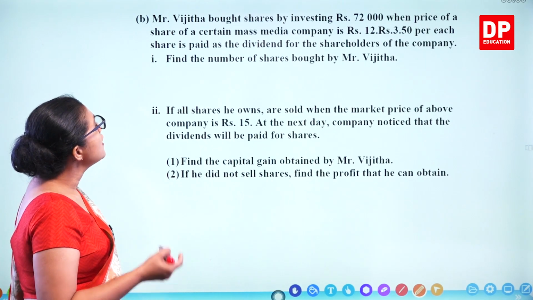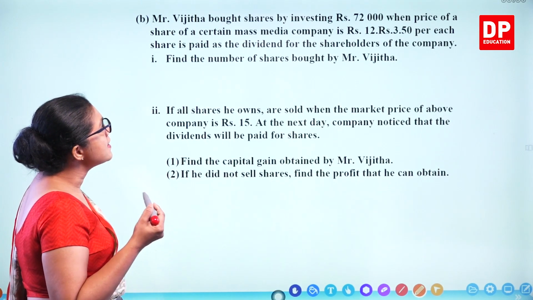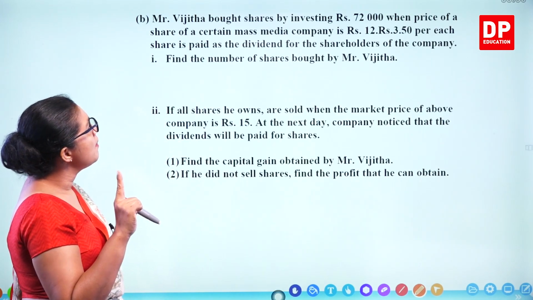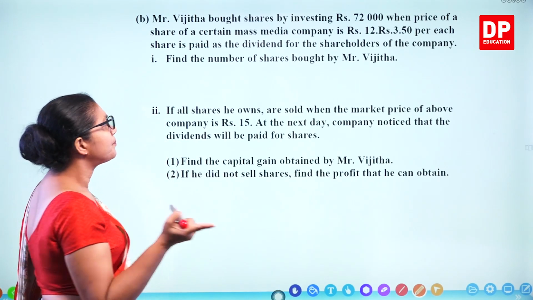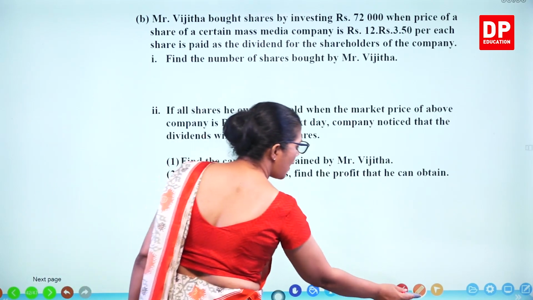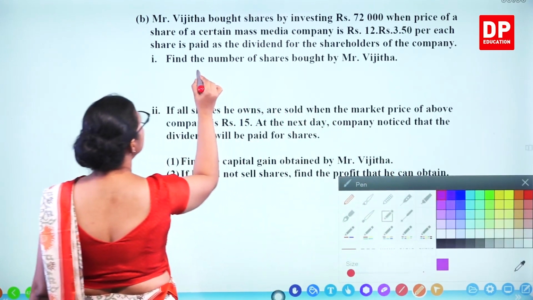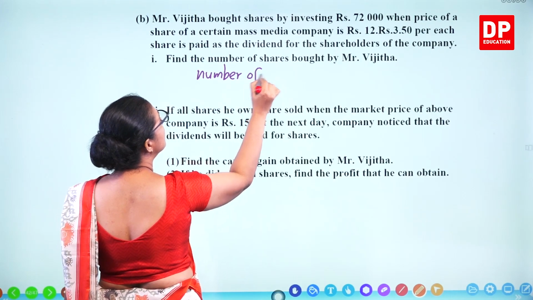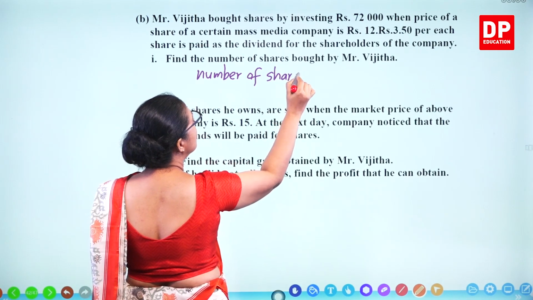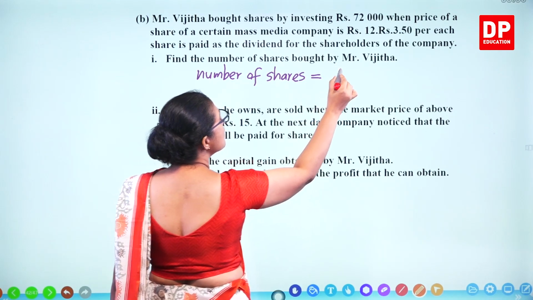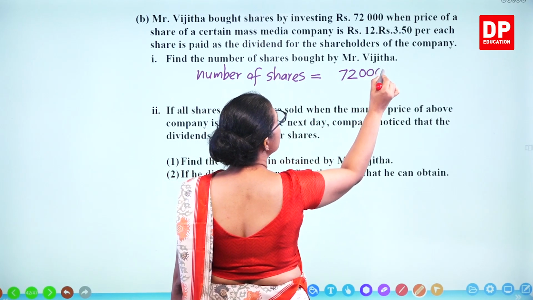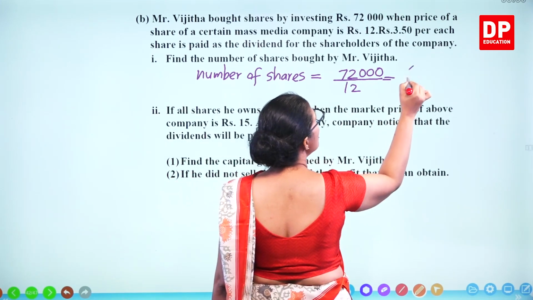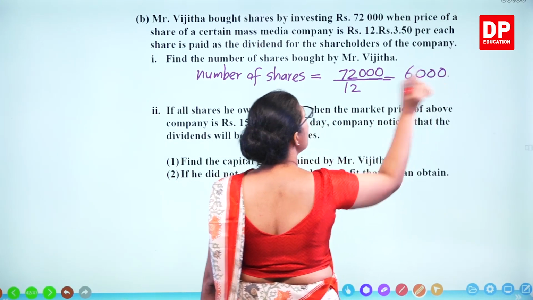He invested 72,000 rupees, each share 12 rupees, so we can easily find the number of shares. 6,000 shares he bought.